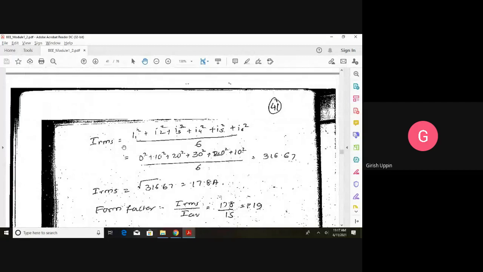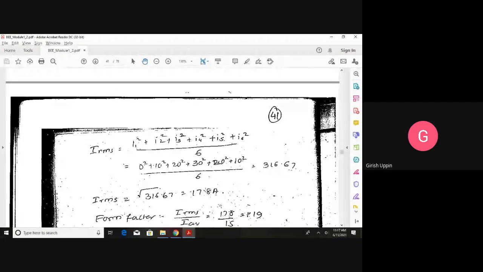For the RMS value, you have to take a square root. So 0 square, 10 square, plus 20 square, plus 30 square, plus 20 square, plus 10 square. If you calculate this, you get 316. Square root of that is 17.8 amperes.